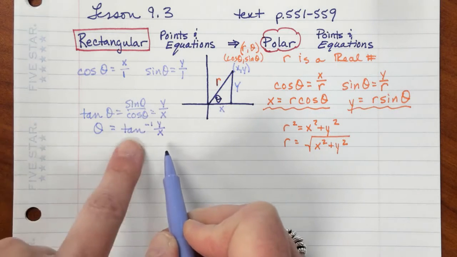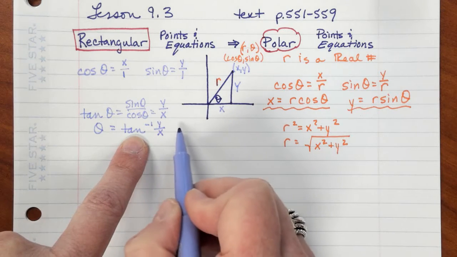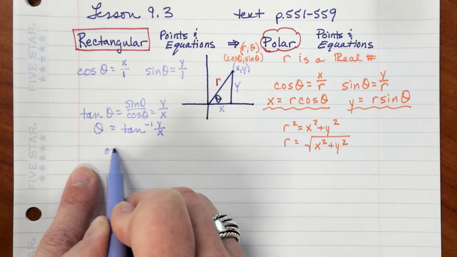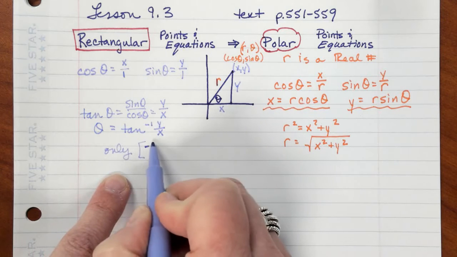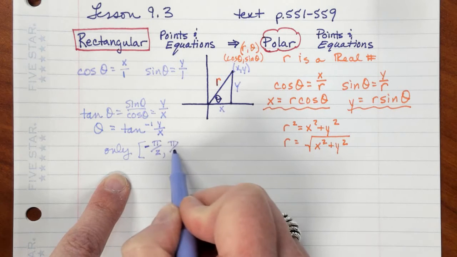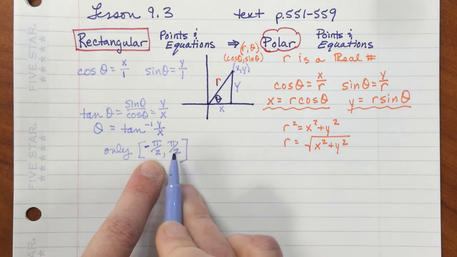Remember that we were also restricted where that existed. That is true only in the area from negative pi over 2 to pi over 2. Remember, it only existed on the right-hand side, quadrants 1 and 4.